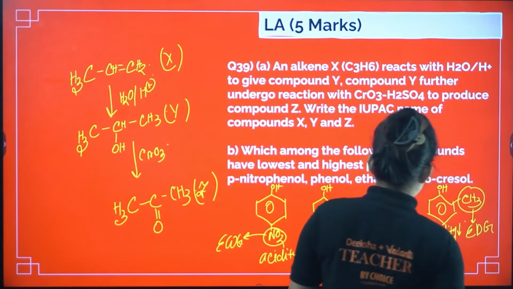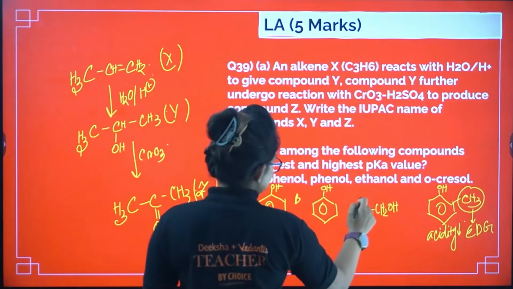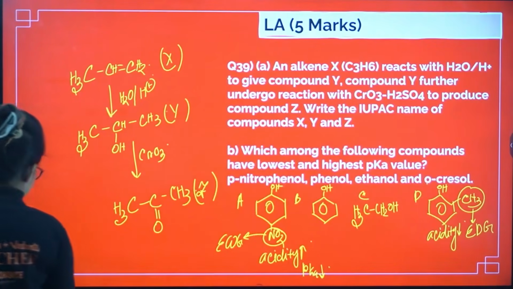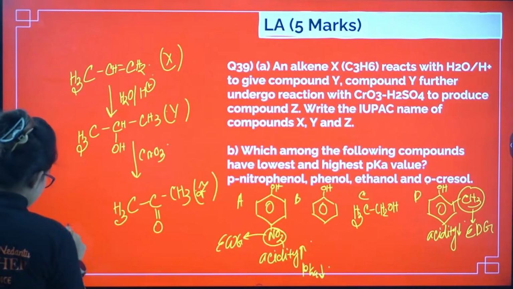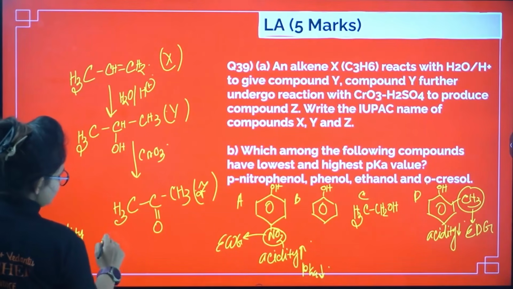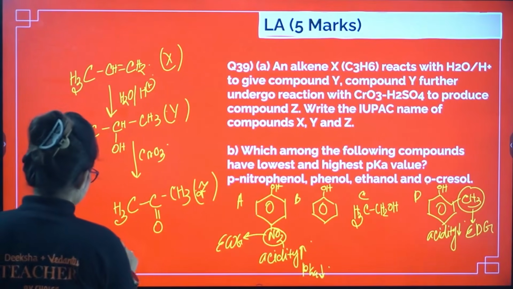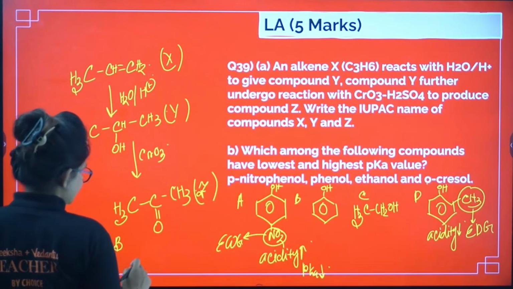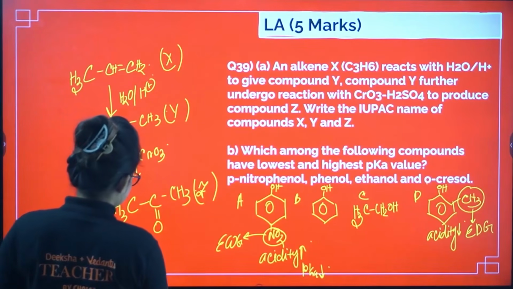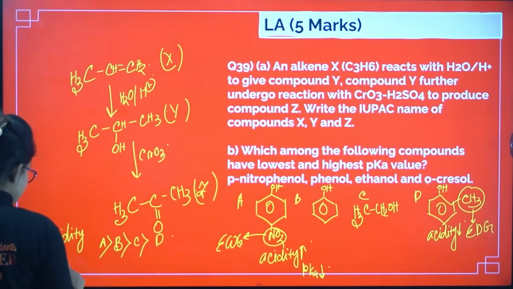If I just name them A, B, C, D, the acidity order, let me arrange them: first will come A, after that B, after that C, after that D. So the pK order is just opposite.